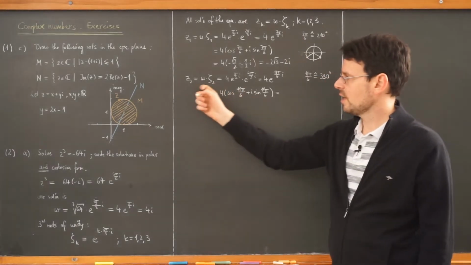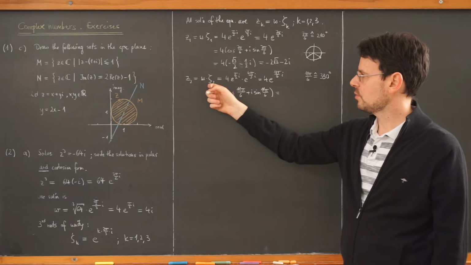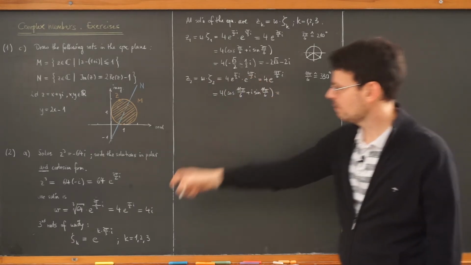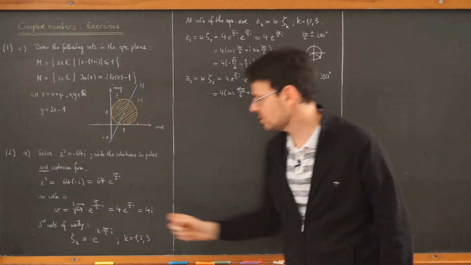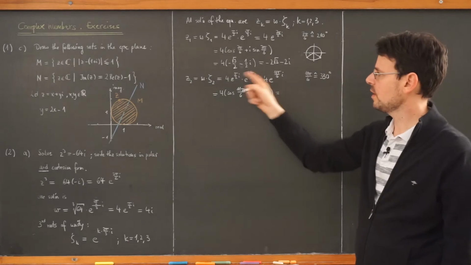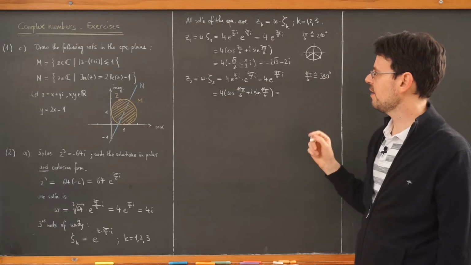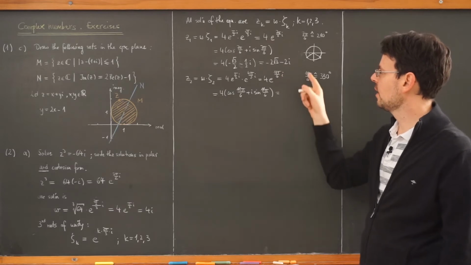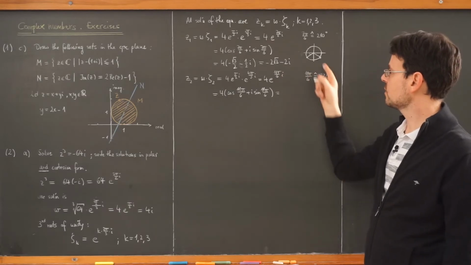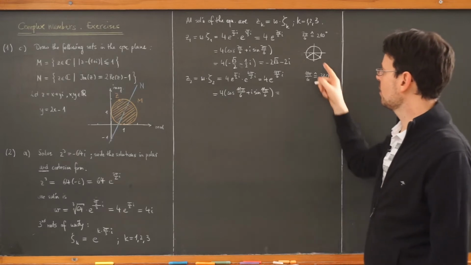Okay, the same with zeta sub 2, which is e to the 4 pi over 3 times i. Then adding these fractions, I end up with 4 times e to the 11 pi over 6 times i. Now 11 pi over 6 corresponds to 330 degrees.